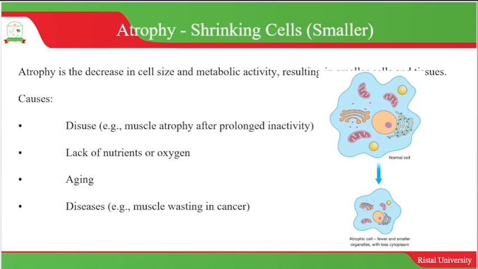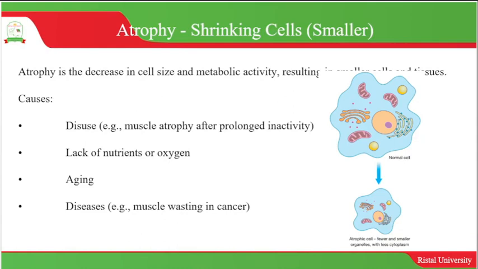Some cells, after being exposed to these stressors, the chemical stressors, the biological stressors, the genetic stressors, environmental stressors, try to modify to see how they can live functional even when they have been exposed to these stressors or when these stressors have been removed.